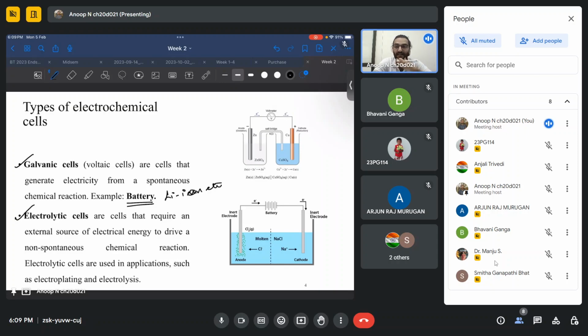Using chemical energy, electrical energy is generated. Whereas in an electrolytic cell, we have to provide electricity to bring about a reaction. So what is an example? Can anyone tell what is the reaction we discussed in the last class? This example is a well-known industrial process. Any of you?